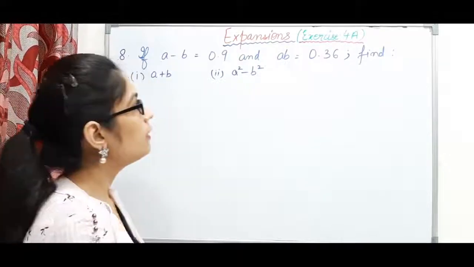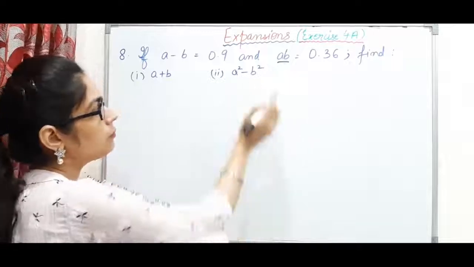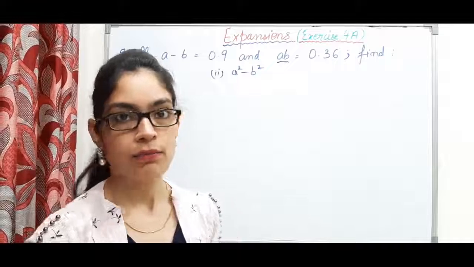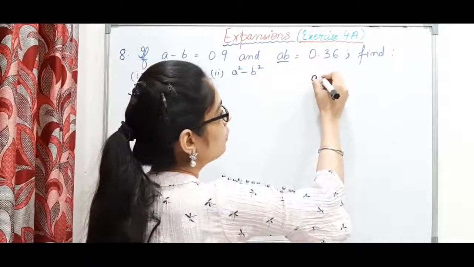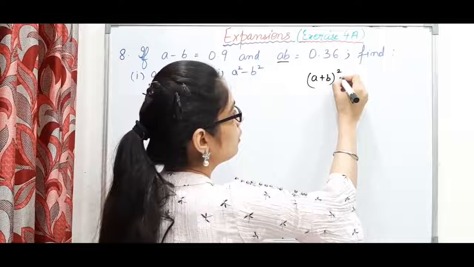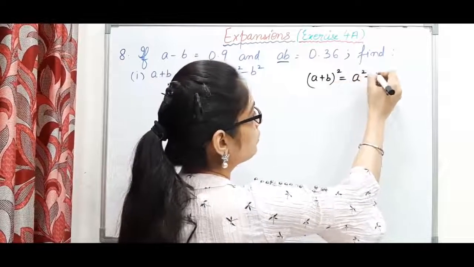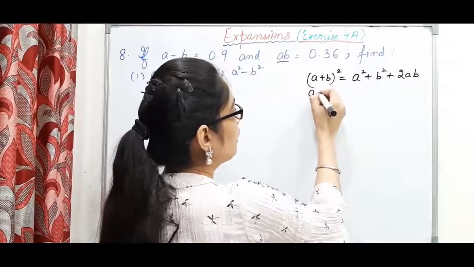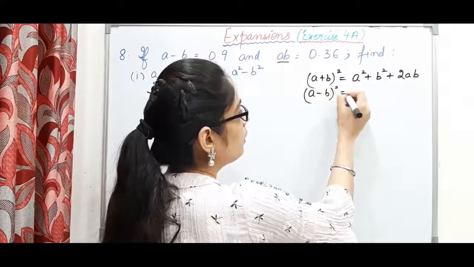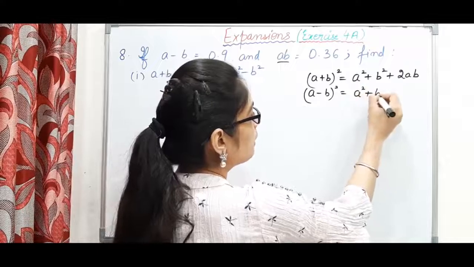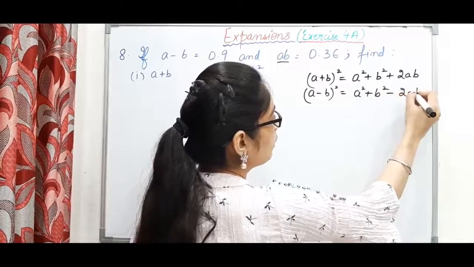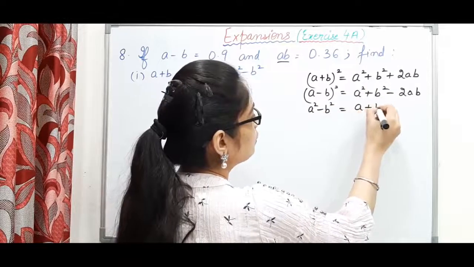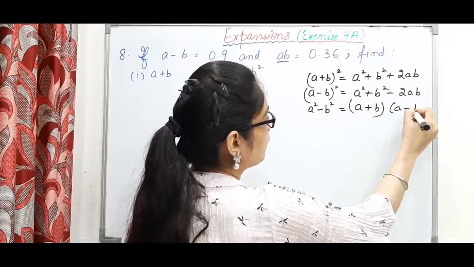Make sure whenever their product is given and the terms in square or simply a plus b or a minus b is given to us, you have to make use of only these identities: (a plus b) whole square, which is a square plus b square plus 2ab; then (a minus b) whole square, a square plus b square minus 2ab; and a square minus b square, which is equal to (a plus b)(a minus b).